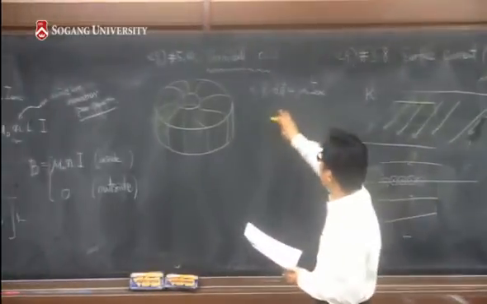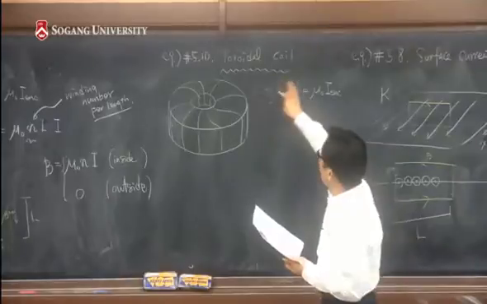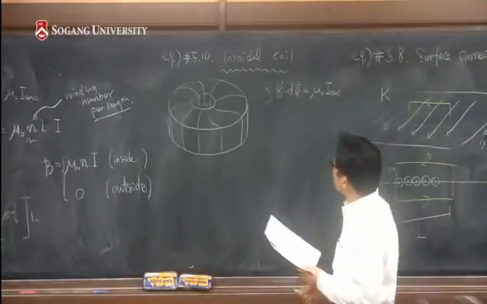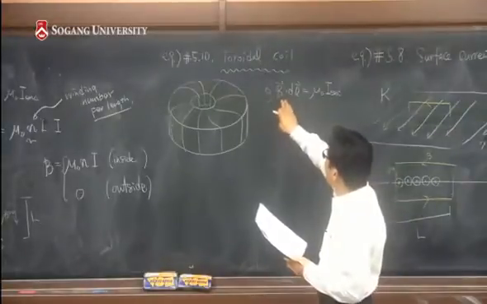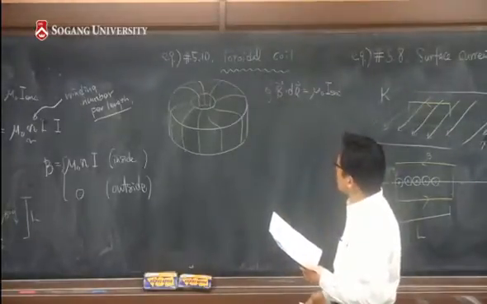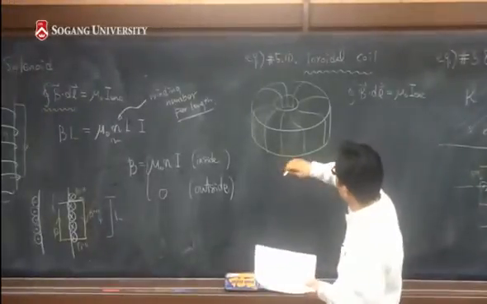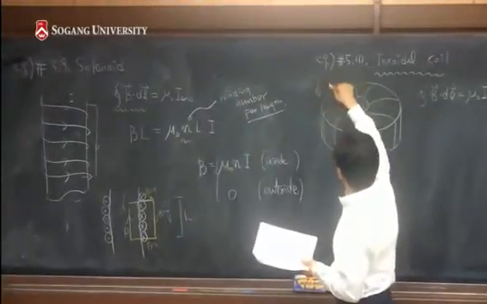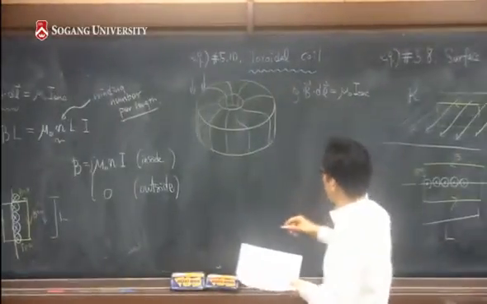The most important thing to apply this formula is to take the right loop where the magnetic field is symmetrically distributed. If you look at this toroidal donut from above, you can see it has a round shape and it has a hole like this.